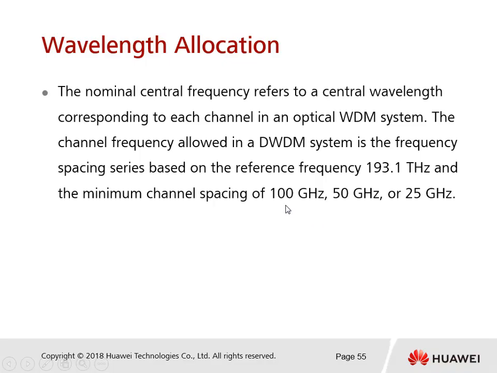If it's 50G spacing, we get 80. If it's 100G spacing, we get 40. So if we cut these 40 wavelengths from the 80 wavelengths, you get another 40 wavelengths, from 192.15 THz to 196.05 THz.